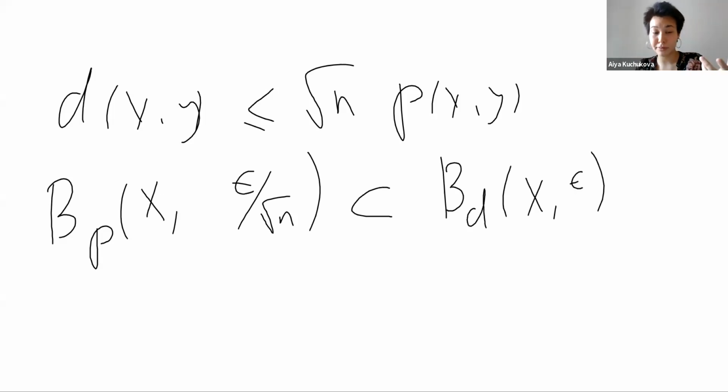That's also simple because they always differ only by some constant, so we just divide our radius by that constant to see that they always lie in balls containing each other. I'll give you a couple more seconds to think about it and let me know once you get it.